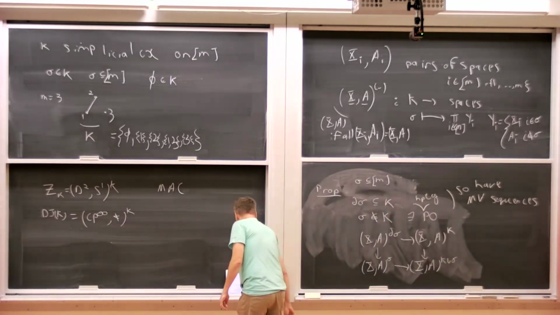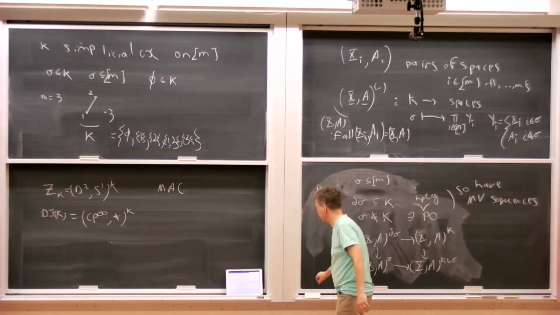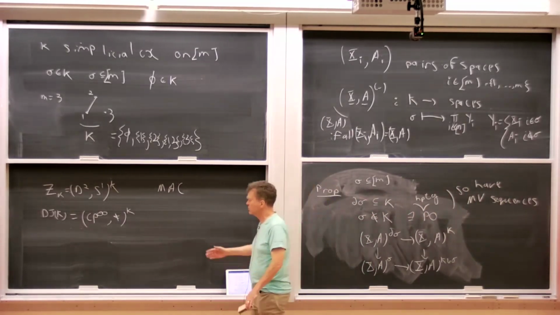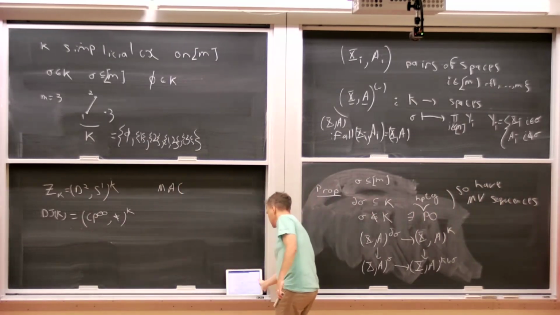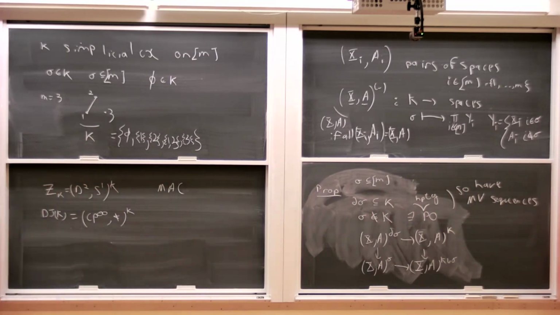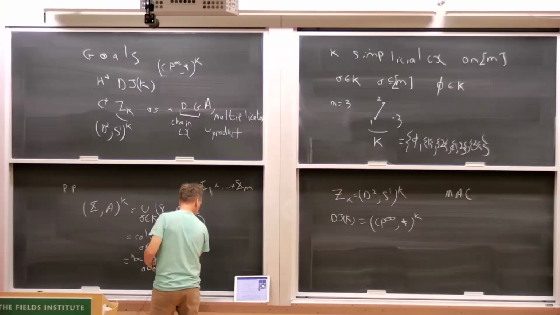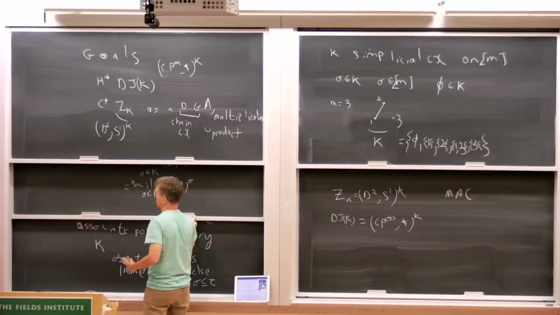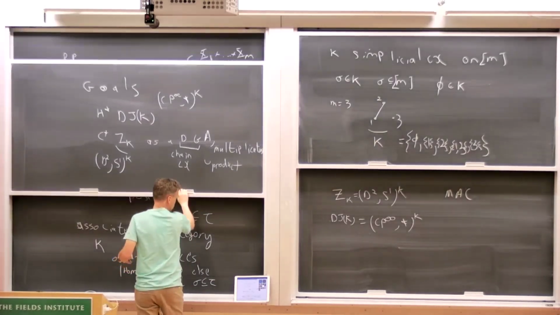So now I'm going to talk about what Martin mentioned but didn't define, which is the face ring. That's going to turn out to be the cohomology algebra of the Davis-Januszkiewicz space. So this is the face or Stanley-Reisner ring, if you wish.